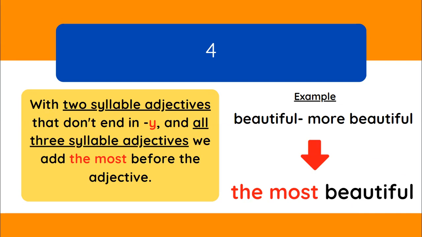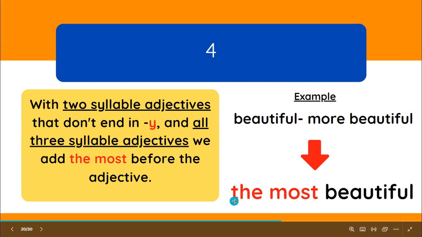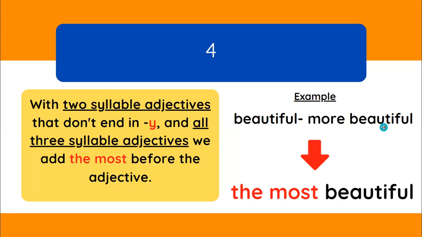With two syllable adjectives that don't end in Y and all three syllable adjectives, we add the most before the adjective. In this case, we have the most beautiful. And in comparative, we just have more beautiful. We don't say the more beautiful.